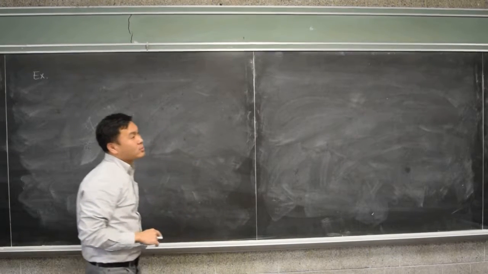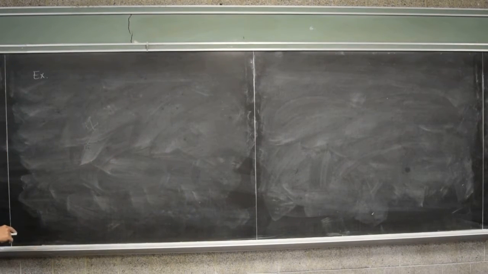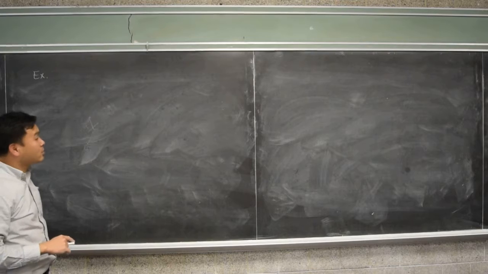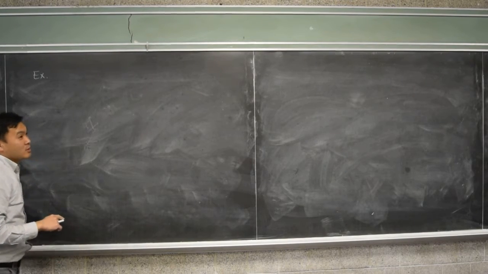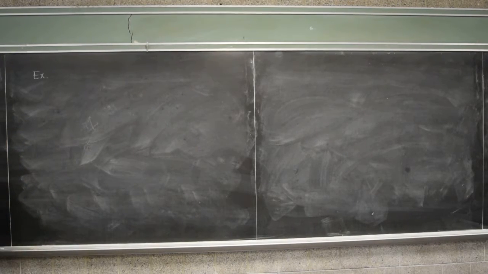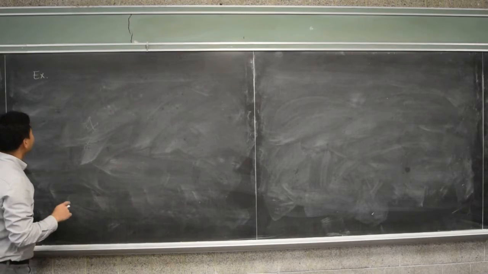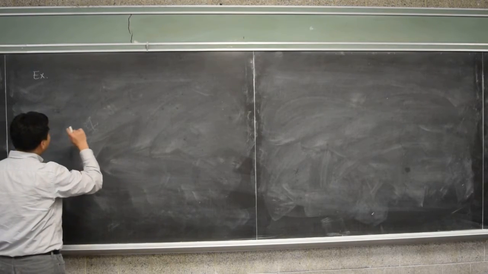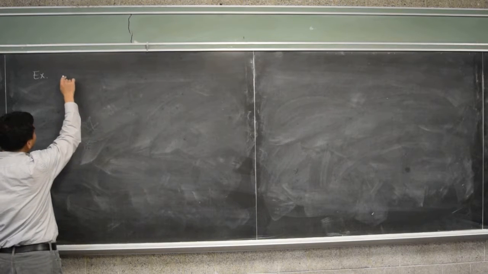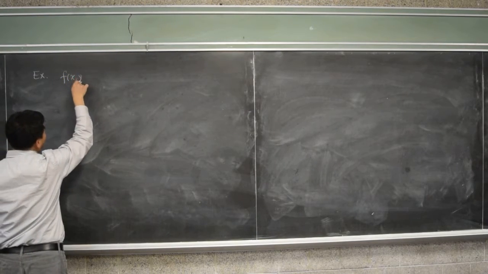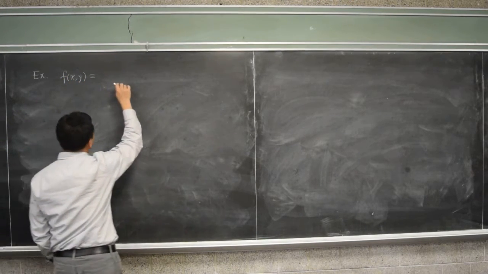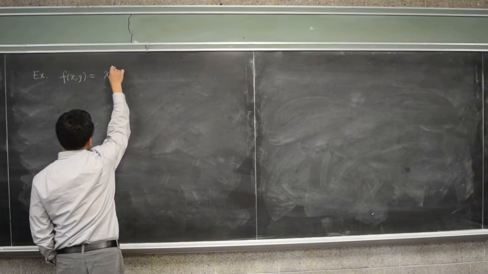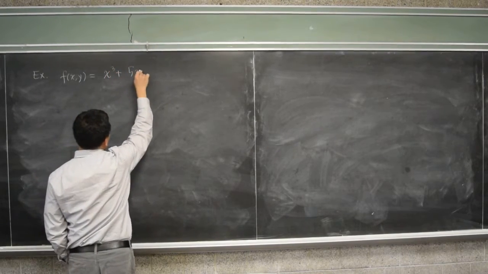We can talk about second derivatives, second order derivatives in multivariable calculus, just like in one variable. So suppose you have f of x comma y as, say, x cubed plus 5x squared y.